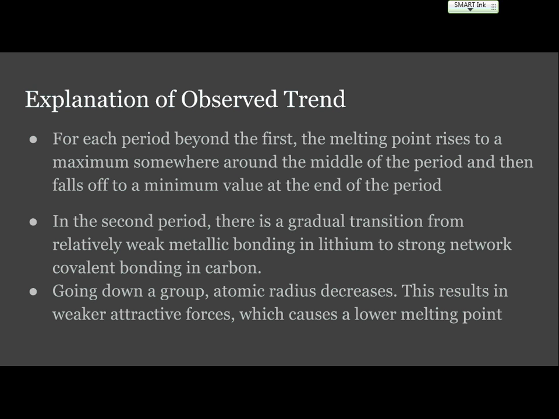Because a smaller atomic radius means the nuclei and the electron clouds are close together. When the atomic radius gets bigger, the level of attraction decreases, which decreases the melting point, which requires less energy to separate.